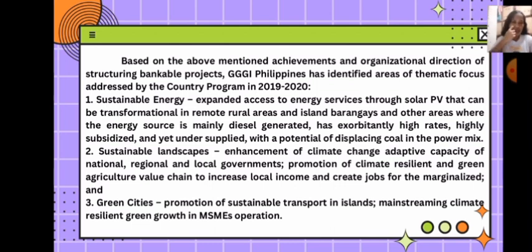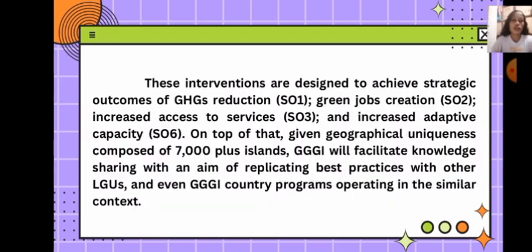It is enhancement of climate change adaptive capacity of national, regional, and local governments, promotion of climate resilient and green agriculture value chain to increase local income and create jobs for the marginalized, and green cities for promotion of sustainable transport in islands, mainstreaming climate resilient green growth, and MSME operation.